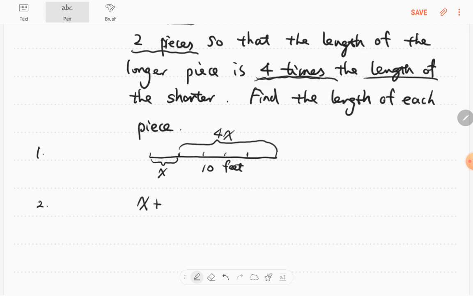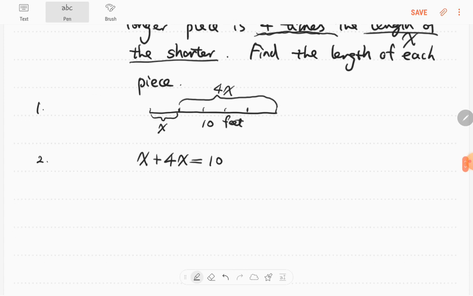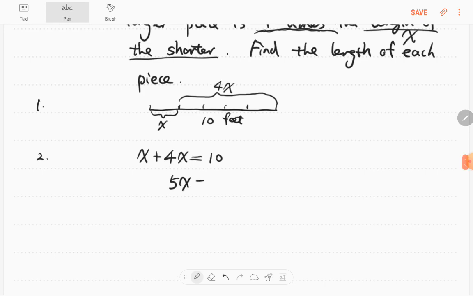So the length of the shorter is x, and the length of the longer piece is 4 times x. If we put them together, that will be the whole board, so it's 10 feet. After that, we only need to solve our equation. Then we will get 5x equals 10, x equals 2.